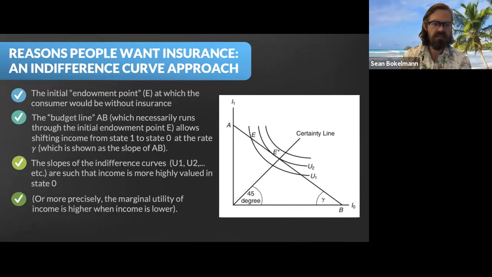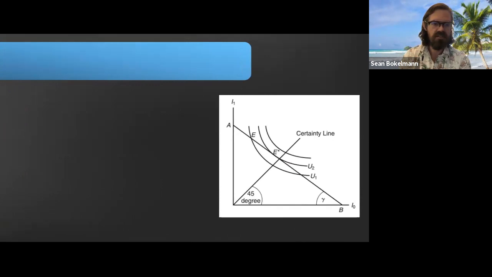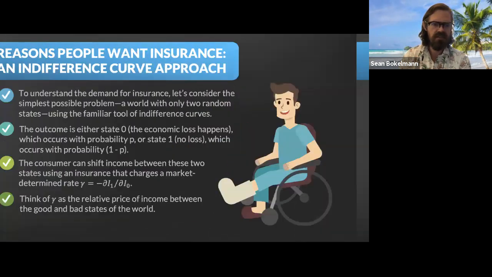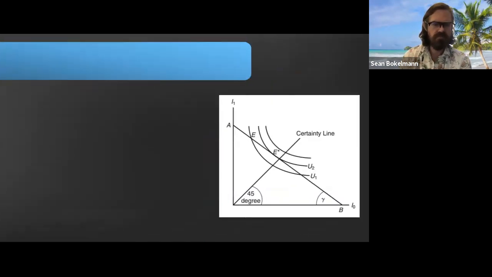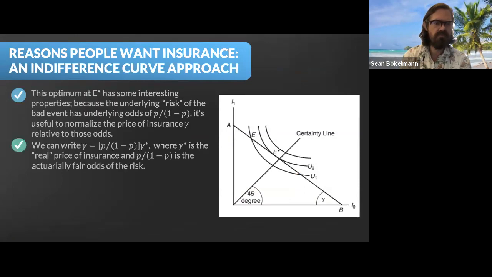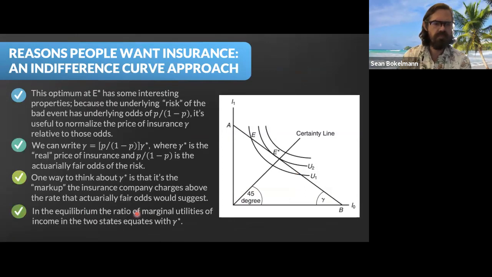This thing here, right? The ratio of marginal utilities, that's what that is right there. It's also gamma, right? So the ratio of marginal utilities of income in these two states equates with this gamma star here.